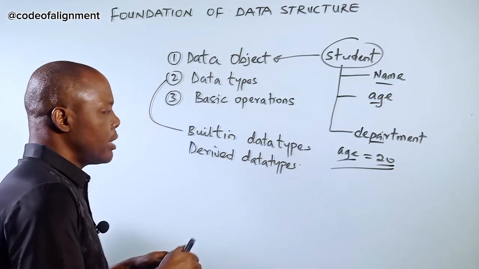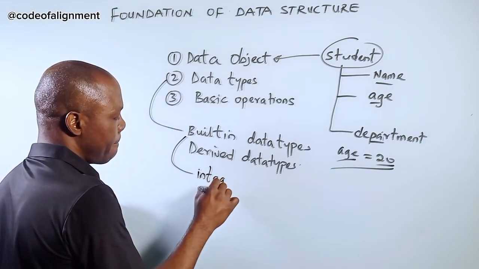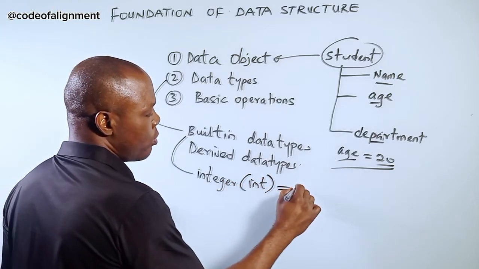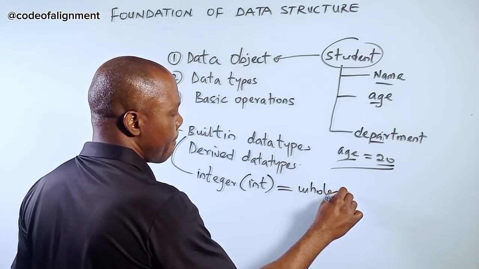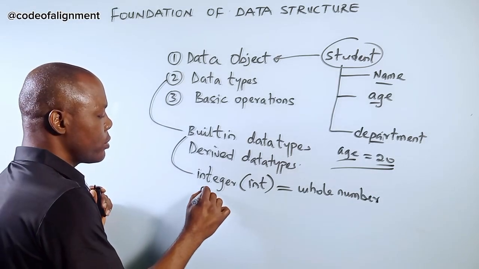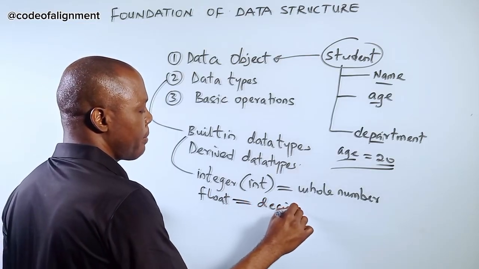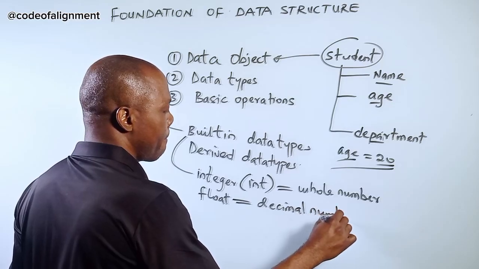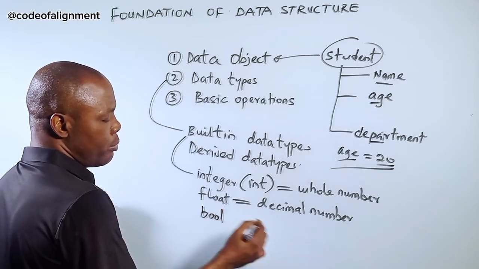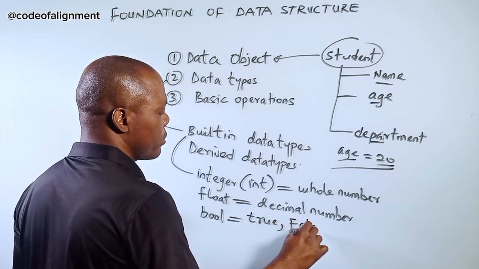Examples of these built-in data types are integer, which we refer to as int. This one is a whole number. Then we have float, which is for decimal numbers. Then we have boolean, and this one contains true or false.